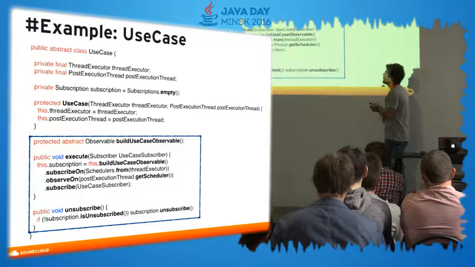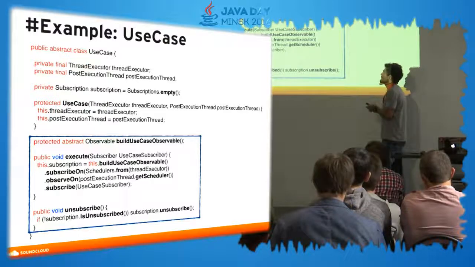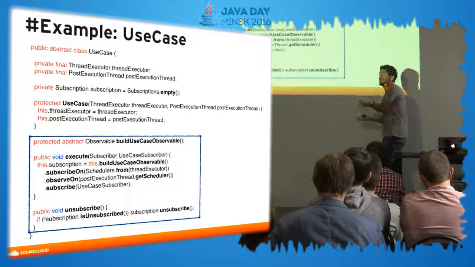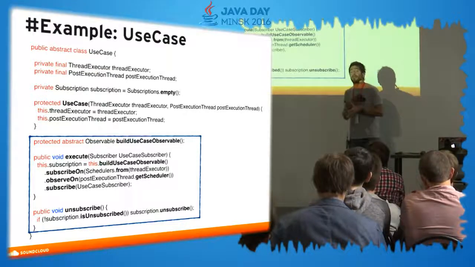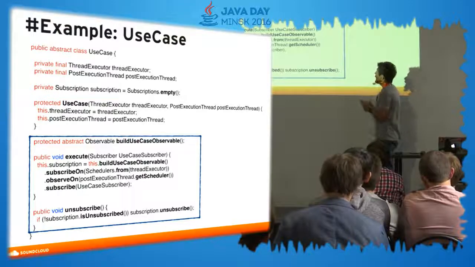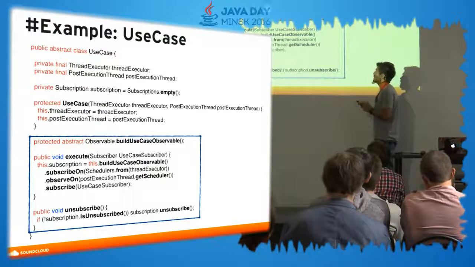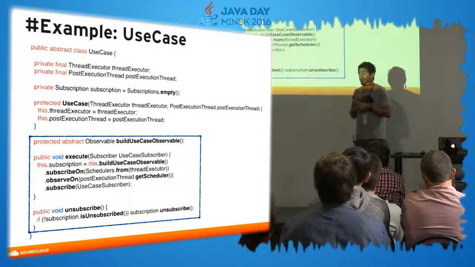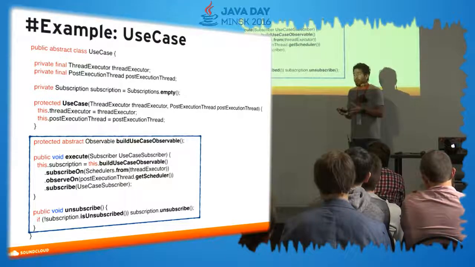With subscribe on, I'm telling it that the task should be executed in some kind of separate thread. Again, as I said, I'm just stepping out of the main UI thread on Android here. And I'm saying, give me the result, observe on this thread. We will see the implementation of this, which is no more than the main Android UI thread, because I do want to show the result there.